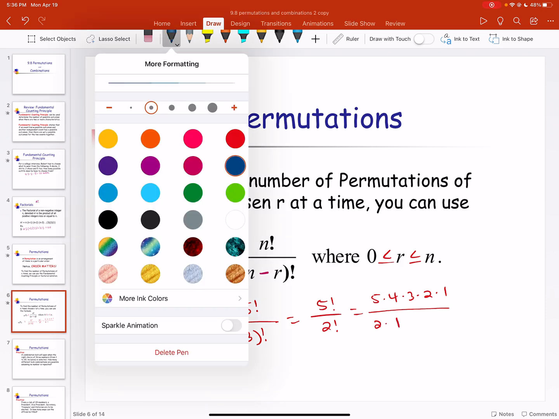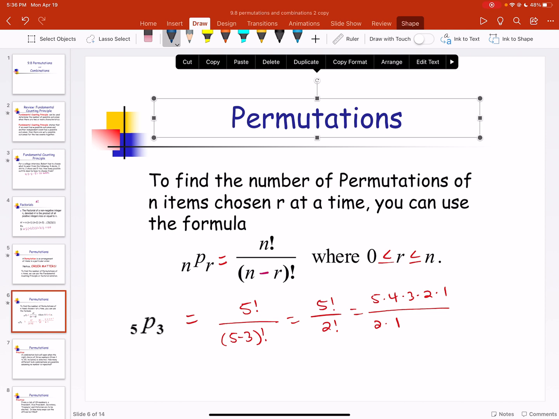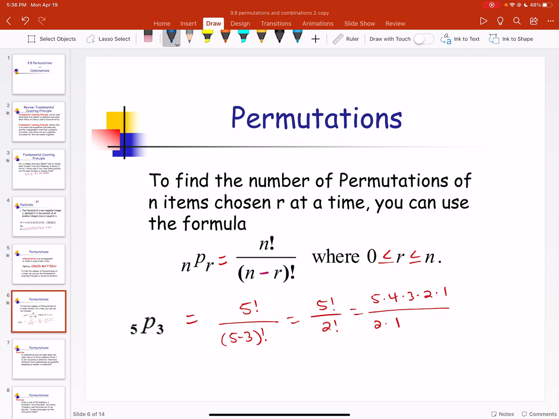There is a calculator function, and I'll show you guys that in class. If you look at a TI-30, you can go to the probability function on the calculator, and it's the number 1 and number 2 choice for permutations and combinations. But here, 2 over 2 is 1, 1 over 1 is 1, so we're just left with 5 times 4 times 3, which is 60 total outcomes.